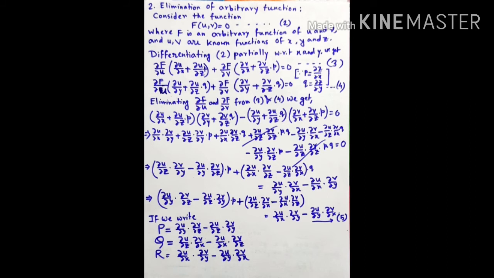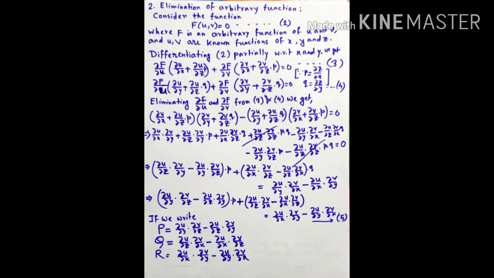Now if we write capital P = ∂u/∂y · ∂v/∂z − ∂u/∂z · ∂v/∂y, this is equal to ∂(u, v)/∂(y, z).